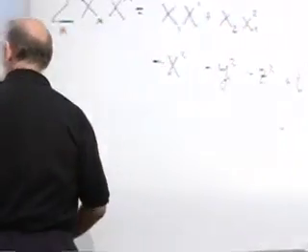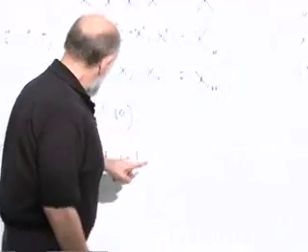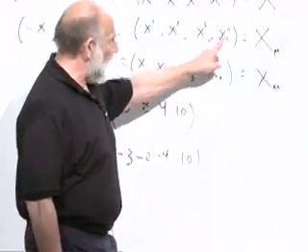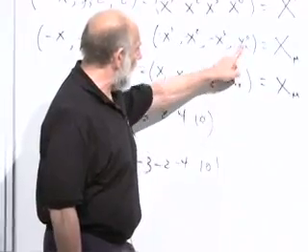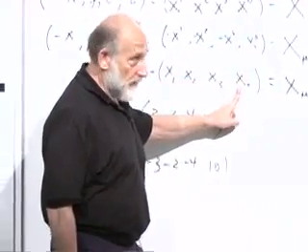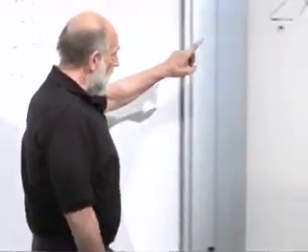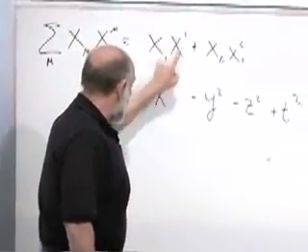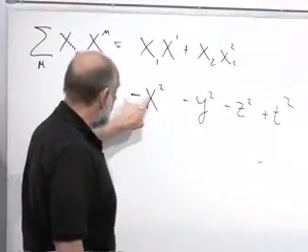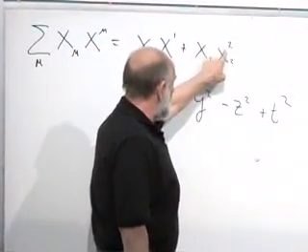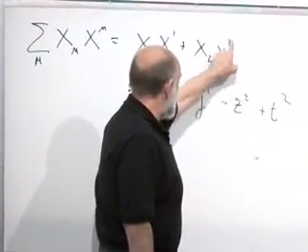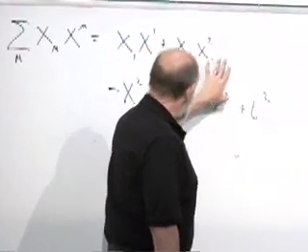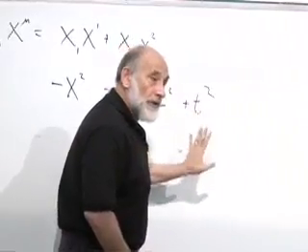Why plus t squared? Because the lower index and the upper index correspond to exactly the same sign for the time component. So this just reads x1, x1, with a lower index and an upper index, but that's minus x squared, plus x2 lower, x2 upper, that's minus y squared. Next one is minus z squared, and then plus t squared.